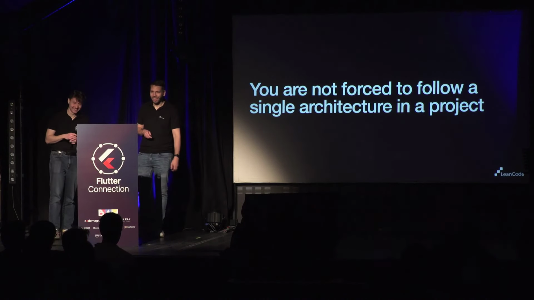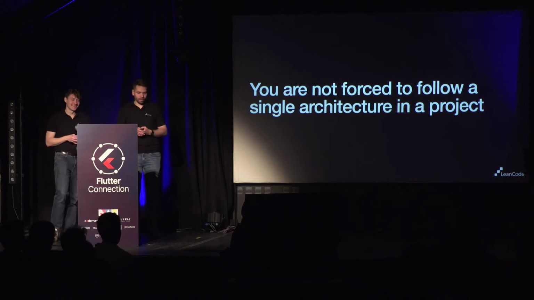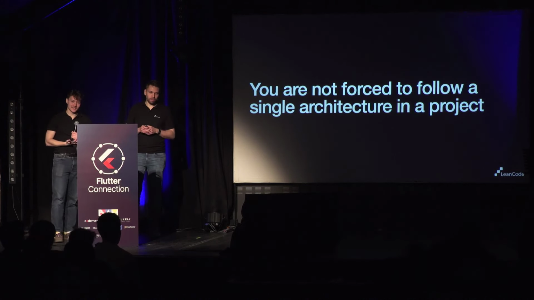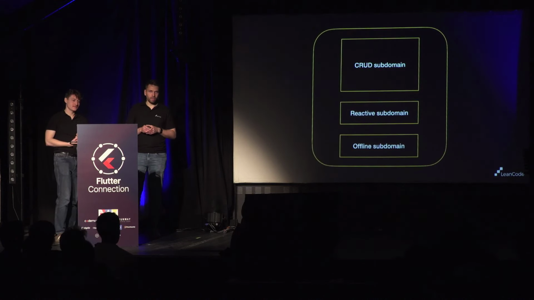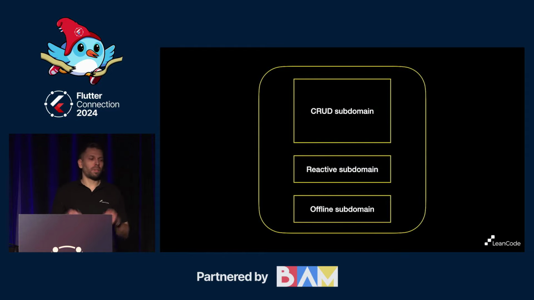Last thought that we want to leave you with is that you are not forced to follow a single architecture in a project. So especially in a big app, you can have most of your app follow a feature-based architecture, typical stuff with cubits. But you might have some parts of the app, some subdomains, that don't really fit this.